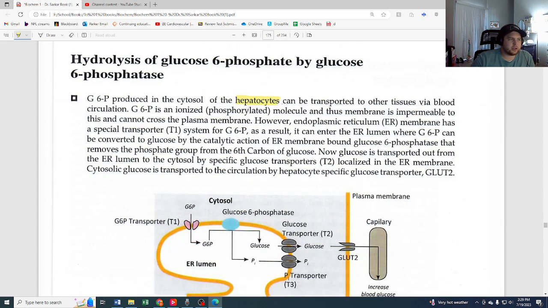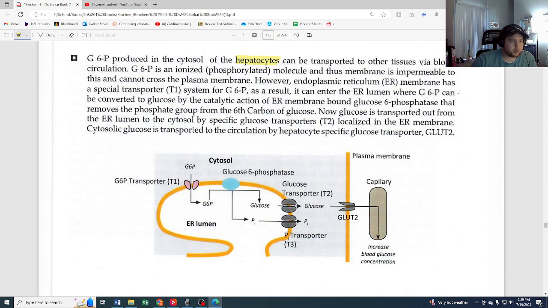G6P is an ionized, phosphorylated molecule, and thus the membrane is impermeable to it and it cannot cross the plasma membrane. However, the endoplasmic reticulum membrane has a special transporter, T1 system, for G6P. As a result, it can enter the endoplasmic reticulum lumen, where G6P can be converted to glucose by the catalytic action of ER membrane-bound glucose 6-phosphatase.